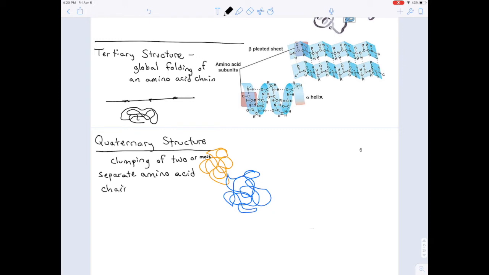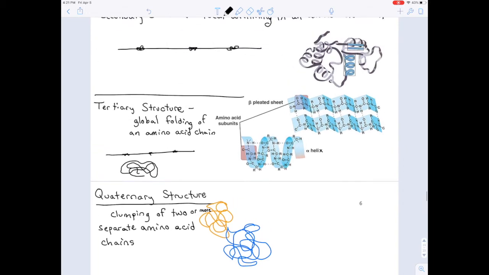The most famous example of a protein that has a quaternary structure is hemoglobin. Hemoglobin is actually 4 different amino acid chains that are not covalently bonded to each other, clumped together. Hemoglobin is the protein in your red blood cells that carries oxygen.